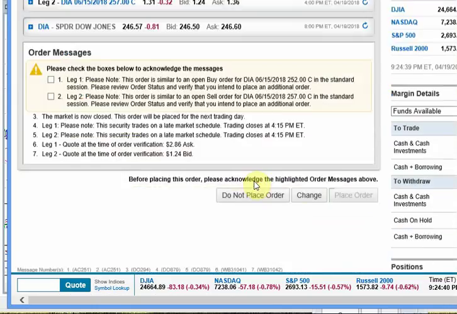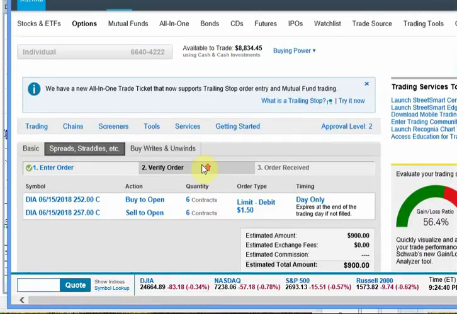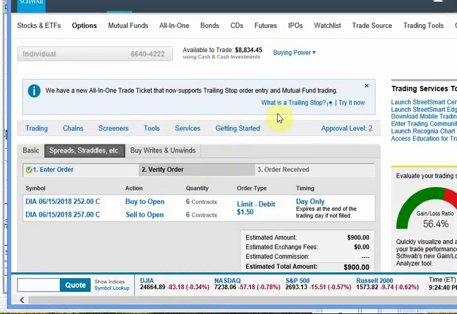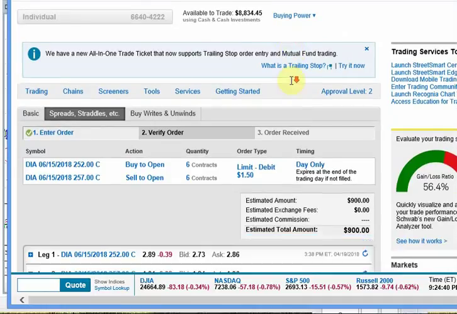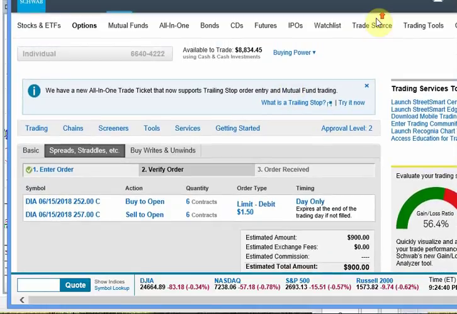If everything looks good, then I'll go ahead and place the order. But since I've already placed this order live anyway, I'll just go ahead and exit it. But this is how you place an order on the Charles Schwab site. Any questions, let me know.